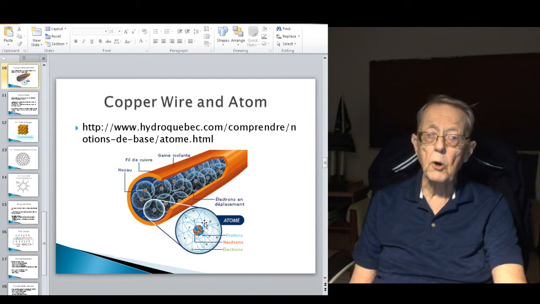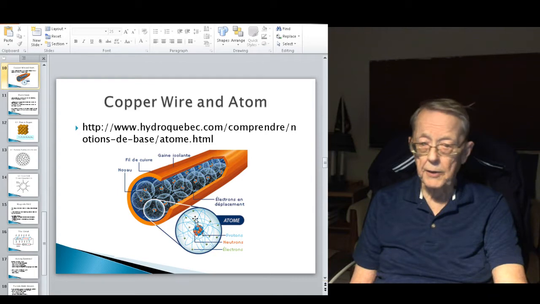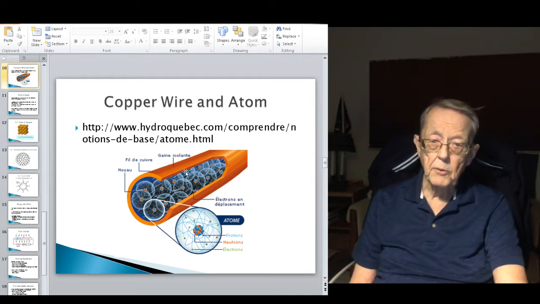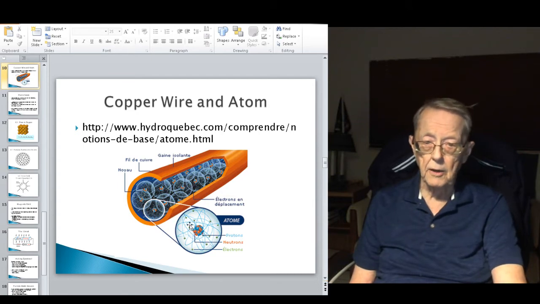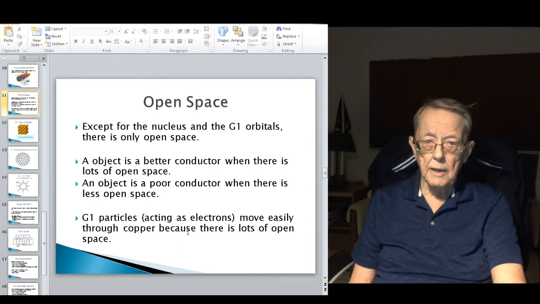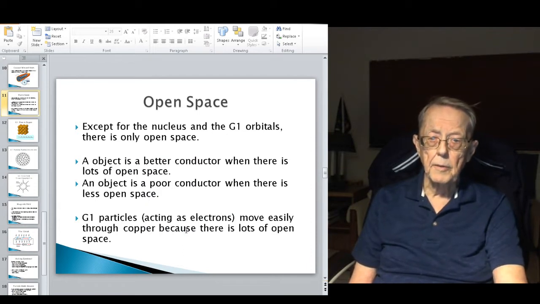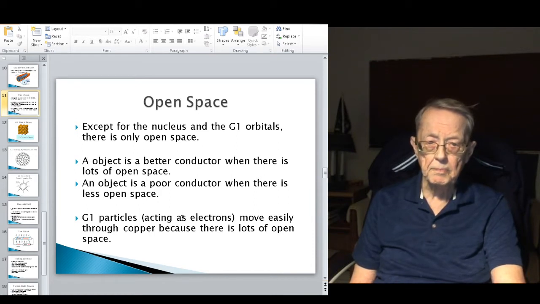But look at the open space. There's a lot of open space, not only inside the atom itself, but in between atoms. There is probably also other space. And just as a side point, which will come up later when I discuss circuits, an object is a better conductor when there is lots of open space.